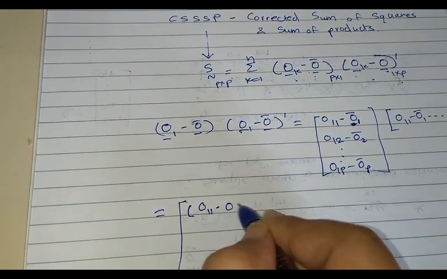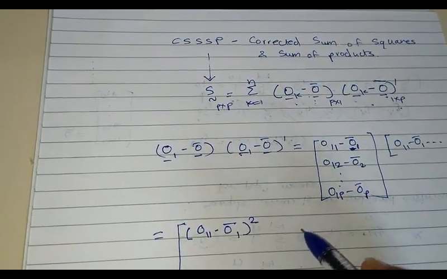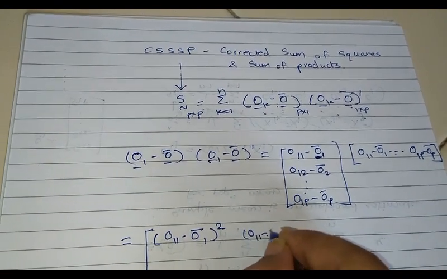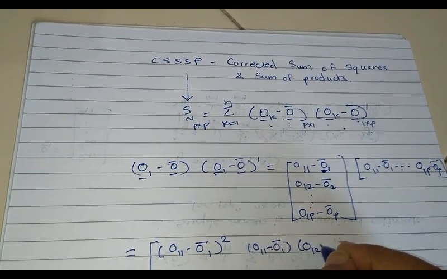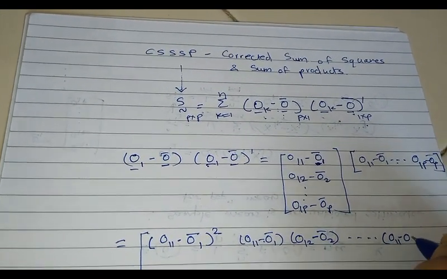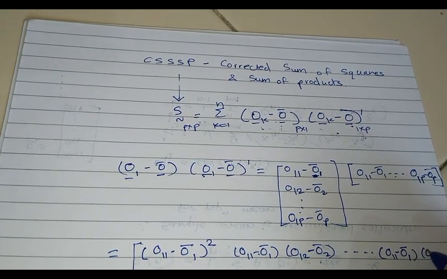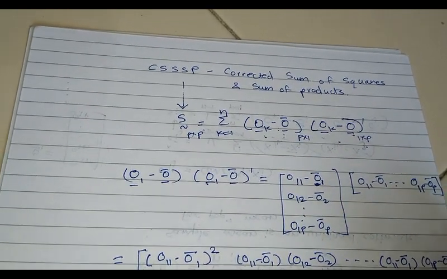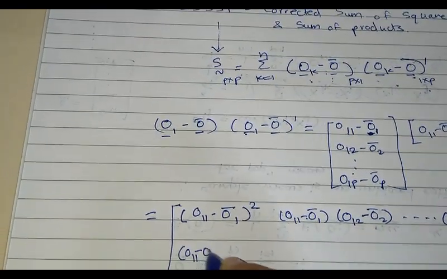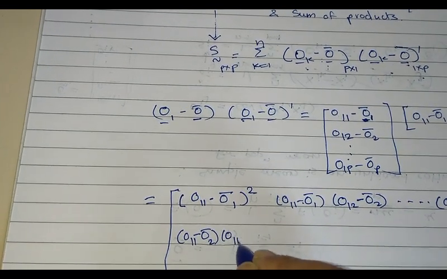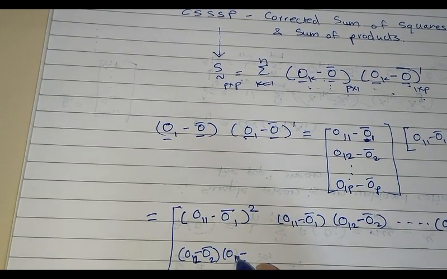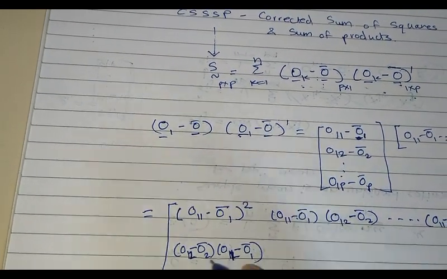So I have (O_11 minus O_1 bar) whole square. Here I would have this into the second entry from here: (O_11 minus O_1 bar) into (O_12 minus O_2 bar), and so on. The last entry would be (O_11 minus O_1 bar) into (O_1p minus O_p bar). This is the last entry in the first row. Here I would have (O_12 minus O_2 bar) into (O_11 minus O_1 bar), so basically this entry.